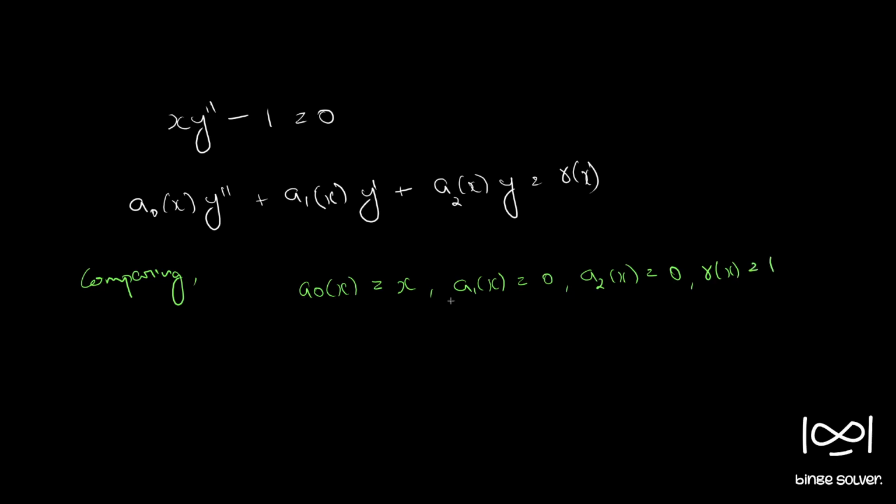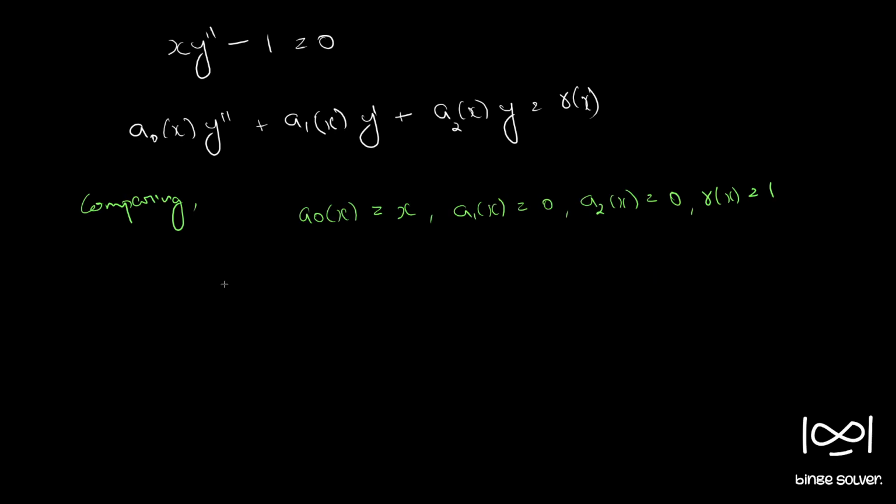So for all these functions, now we have to define an interval where our solution y equal to x plus x log x minus 1 is defined. We have a log x here, so we can take the open interval 0 to infinity.